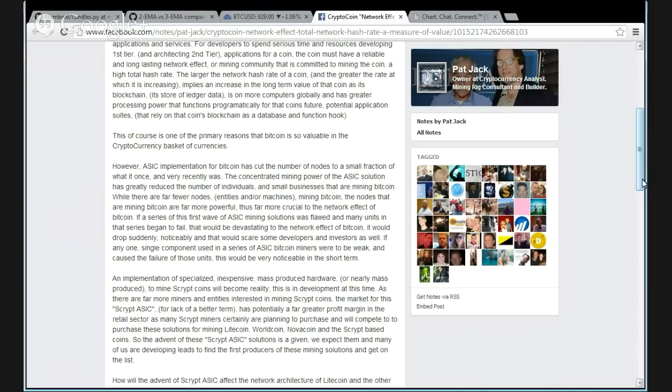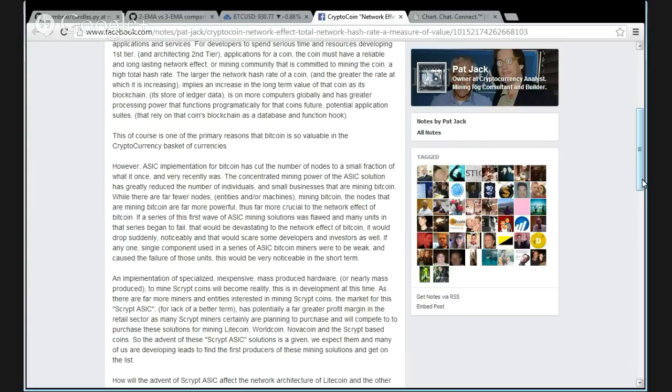While there are far fewer nodes, entities, and/or machines mining Bitcoin, the nodes that are mining Bitcoin are far more powerful, thus far more crucial to the network effect of Bitcoin. If a series of this first wave of ASIC mining solutions was flawed, and many units in that series began to fail, that would be devastating to the network effect of Bitcoin.